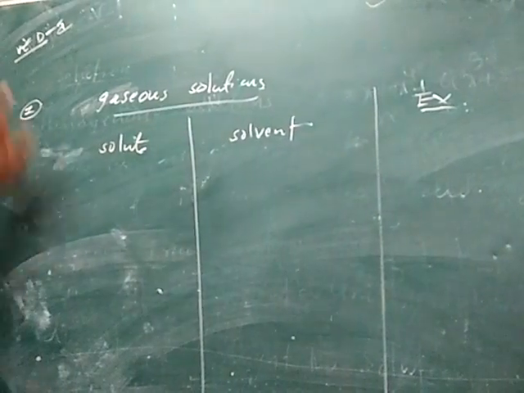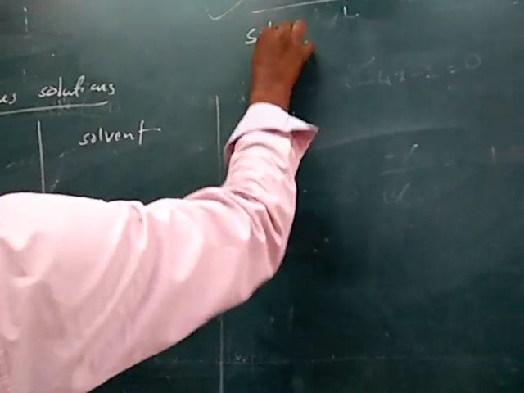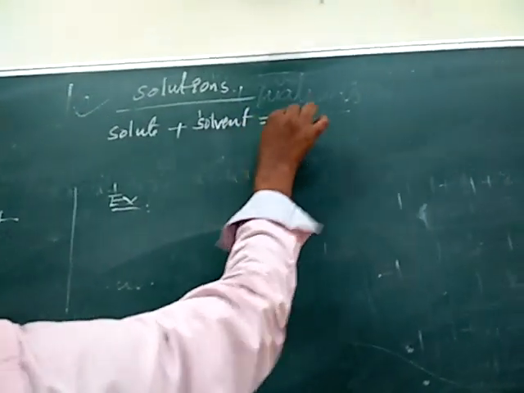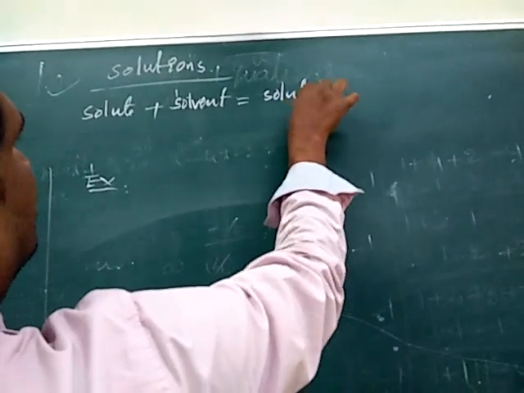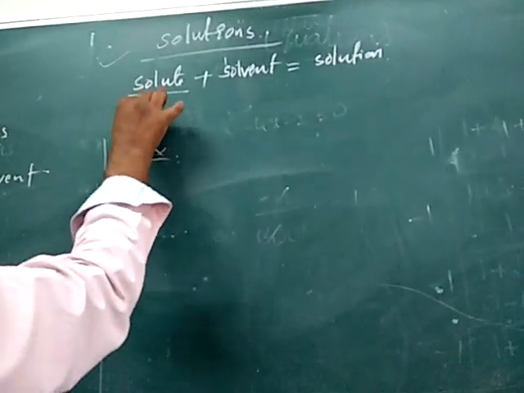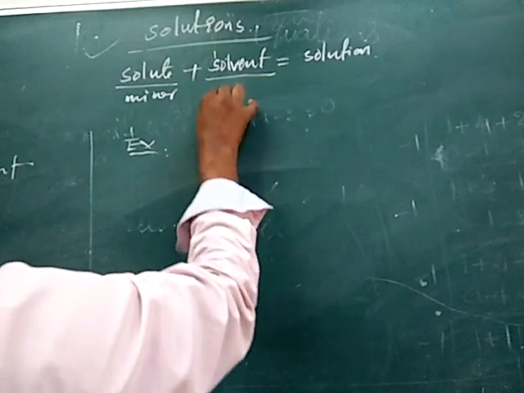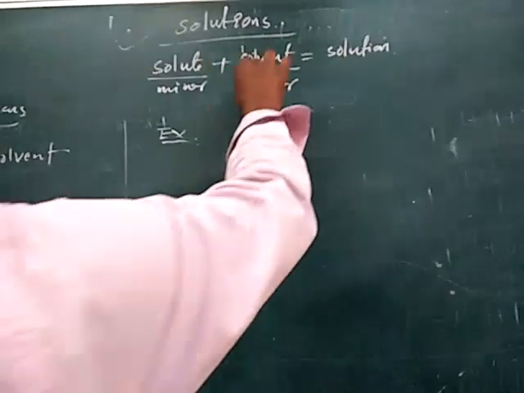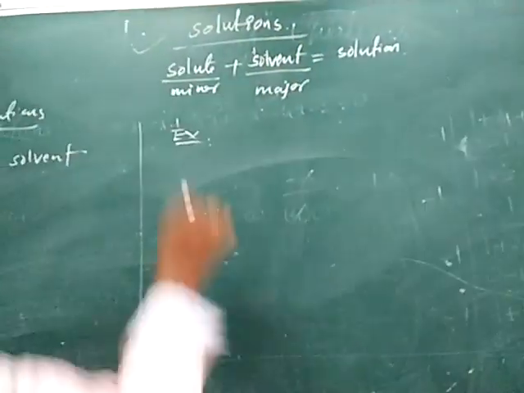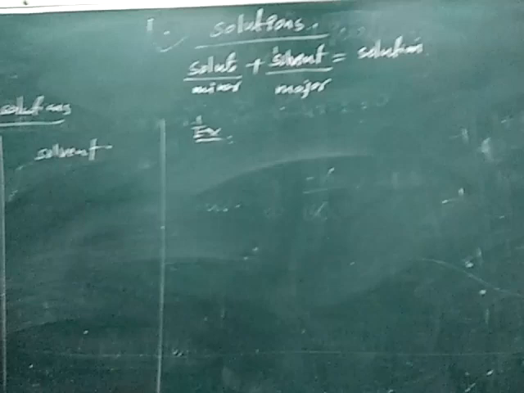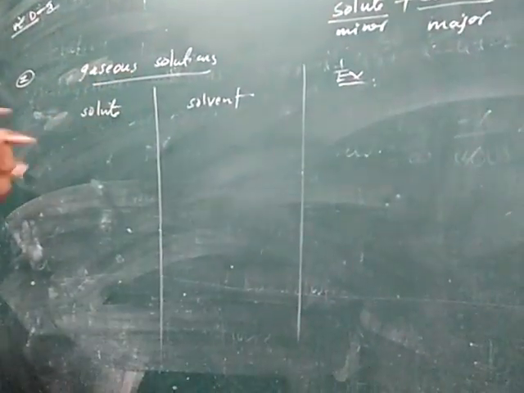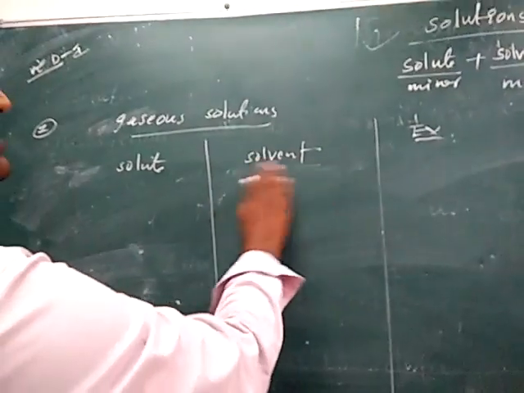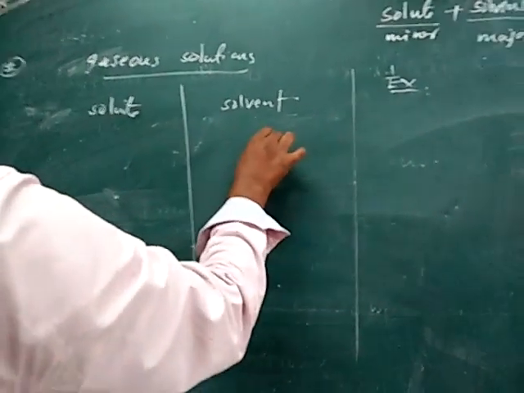You know that solute plus solvent provides a solution. Here the solute is the minor quantity, and the solvent is generally the major quantity. In a solution, the major quantity is called the solvent and the minor quantity is called the solute. So in gaseous solutions, the solvent is always gas.